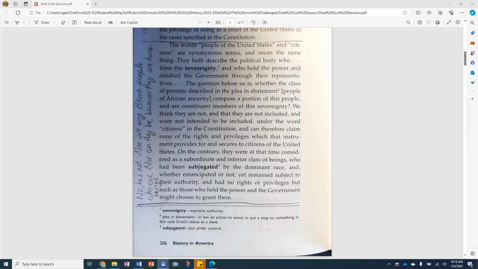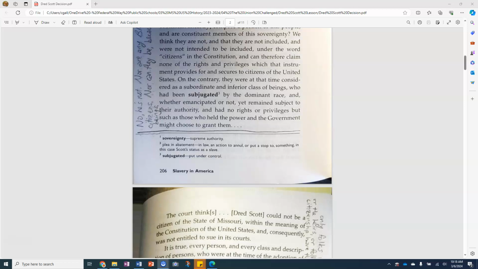If you're not included in the citizenship, right? If you're Black people, that is not the case. You don't get those same rights. They aren't granted to you by God, but instead by the government. Okay, so he says flat out right at the beginning, Scott is not a citizen and doesn't have the same rights as citizens.